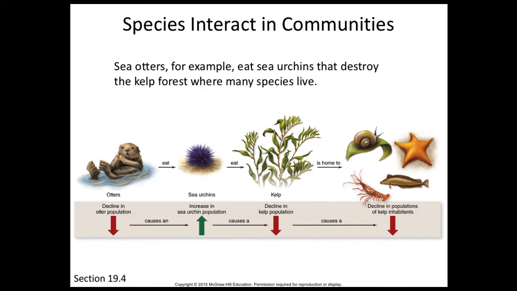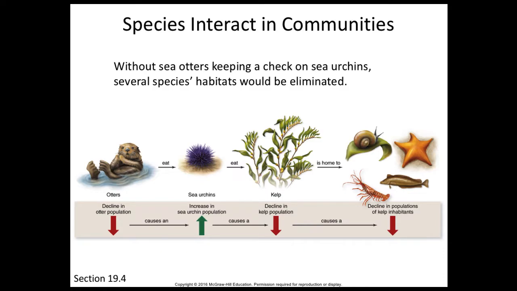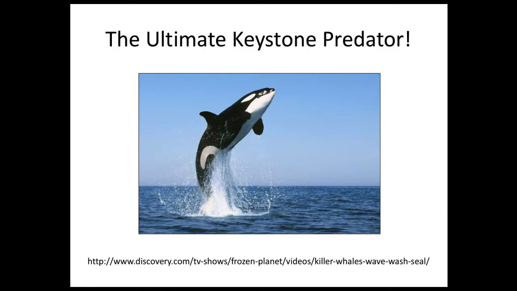If the kelp forest goes away, then hundreds of species would be lost. Without sea otters keeping a check on the sea urchins, all of these species could possibly be eliminated. One of the ultimate keystone predators is the killer whale, which actually isn't a whale, but it's one of the largest types of dolphins. And these predators keep seals and large fish populations in check.